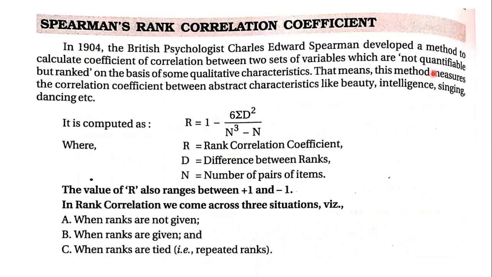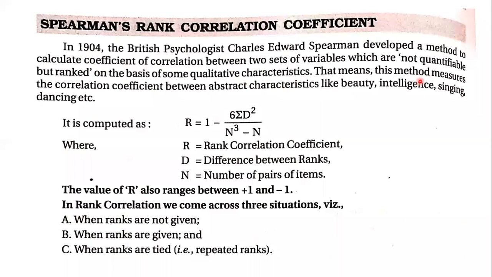Can you count the number of feelings? It's not possible. So those are qualitative characteristics, but those can be ranked. You can rank them or prioritize them as 1, 2, 3, 4. So that is what is dealt under Spearman's rank correlation. So this is done on the basis of some qualitative characteristics.